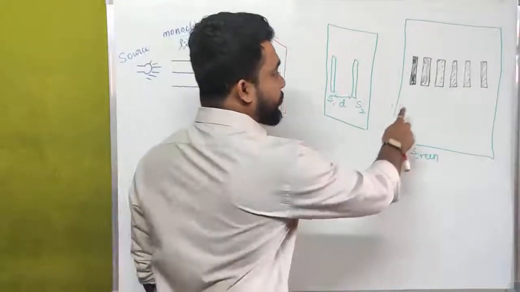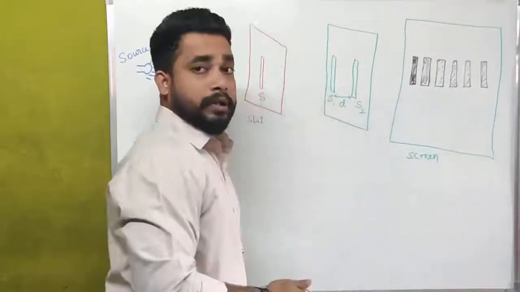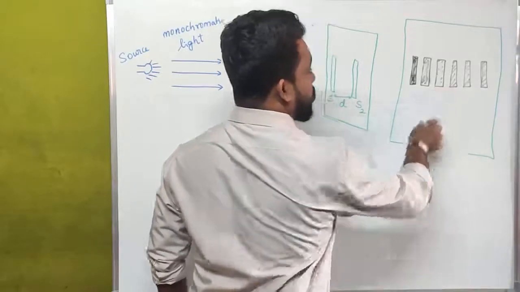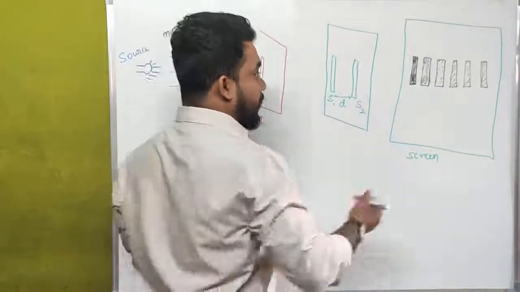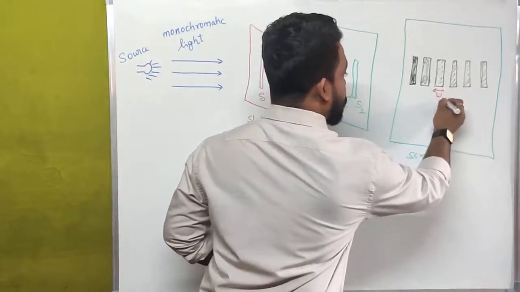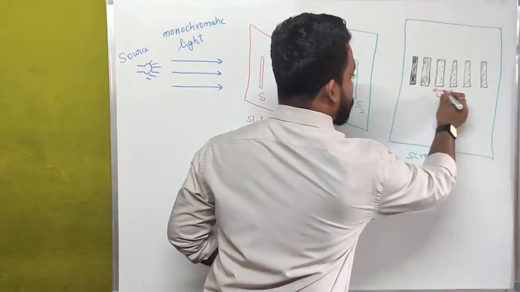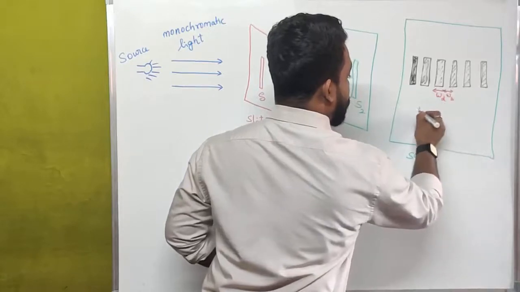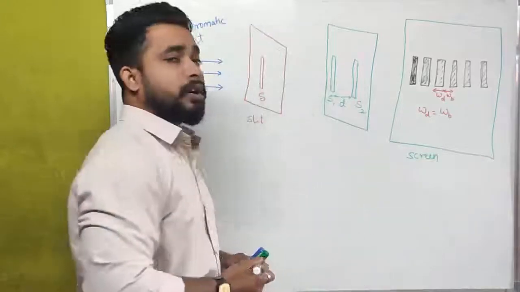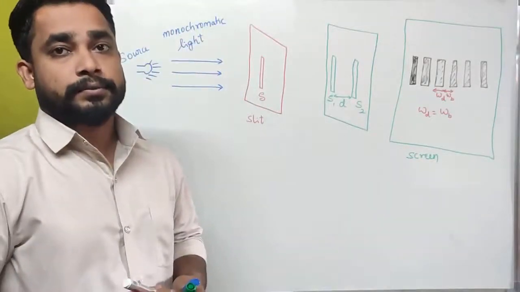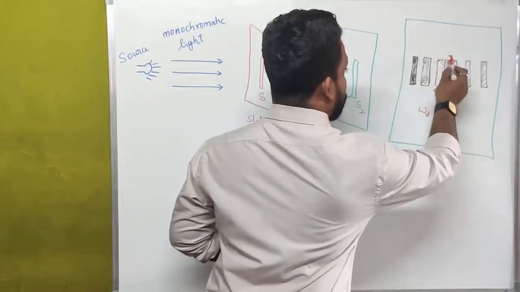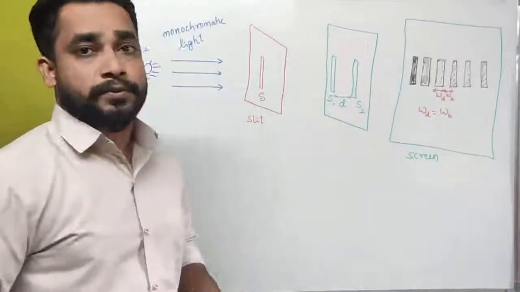The width of these fringes has to be same. The width of a dark fringe has to be equal to the width of a bright fringe. Here, if we assume this as a width of a dark fringe and this as a width of a bright fringe, the width of a dark fringe has to be equal to width of a bright fringe, and the distance between these two fringes is called fringe width.